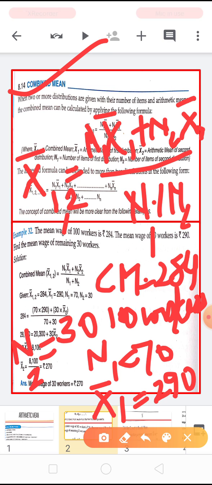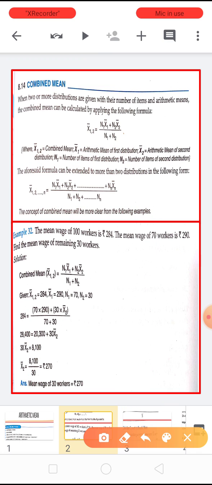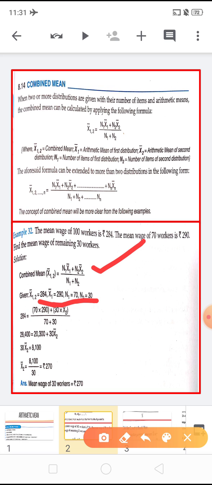Now we are again going to write the same formula: combined mean x bar 1,2 equals n1 x bar 1 plus n2 x bar 2, divided by n1 plus n2. All these values are given in front of us. Putting them into the formula, 284 equals 70 into 290 plus 30 into x bar 2, divided by 70 plus 30 in the denominator.